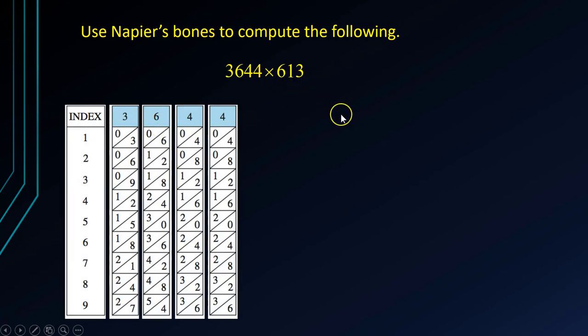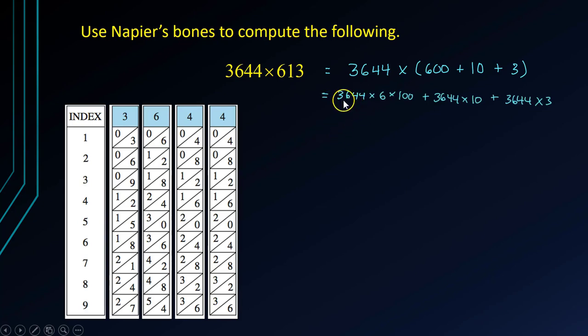And so when I look at this, I'm going to do 3644 times 613, which I can think of as 3644 times 600 plus 10 plus 3, which is the same thing as 3644 times 6 times 100, plus 3644 times 10, plus 3644 times 3. Now this 3644 times 10, I really don't have to do any special work for, because multiplying by 10 is one of the ones that most students tend to remember, because all I'm going to be doing is adding a 0 at the end of it.